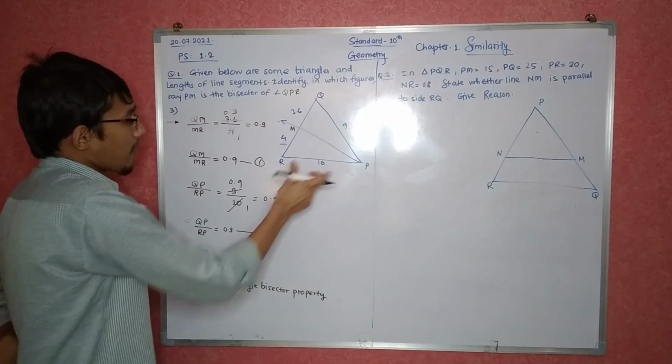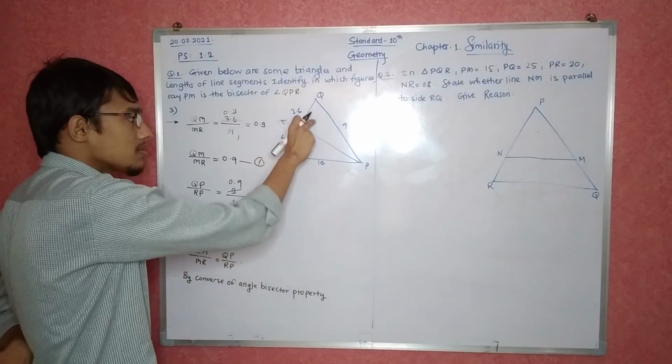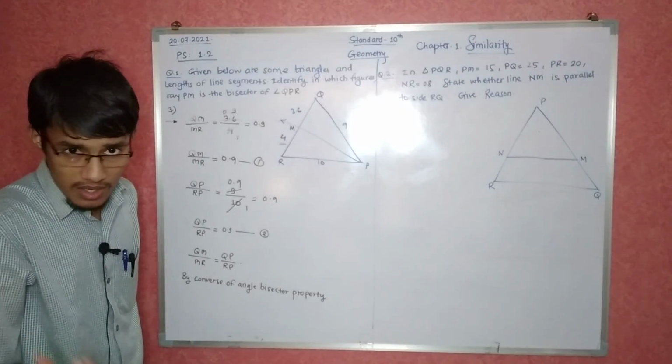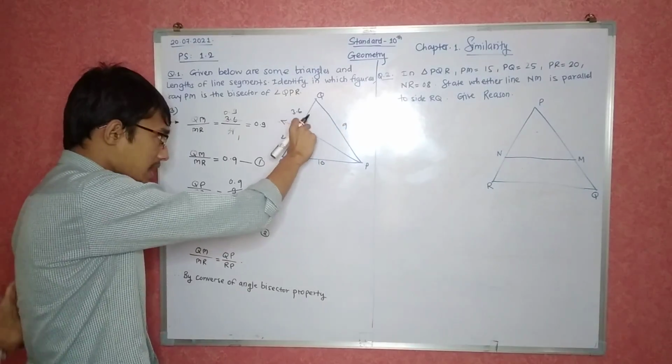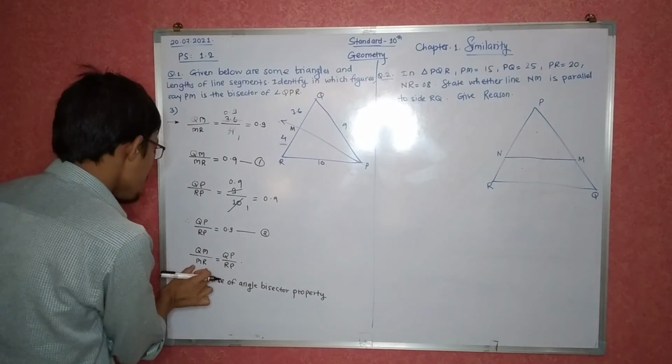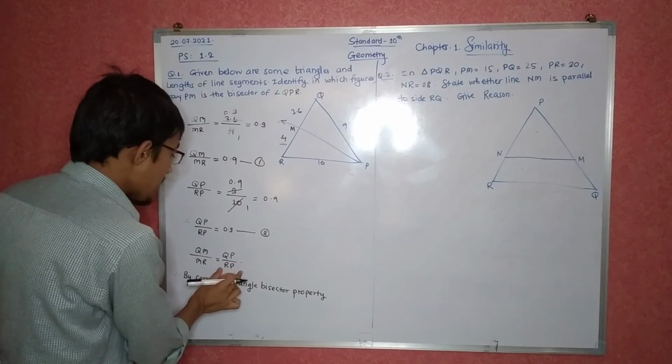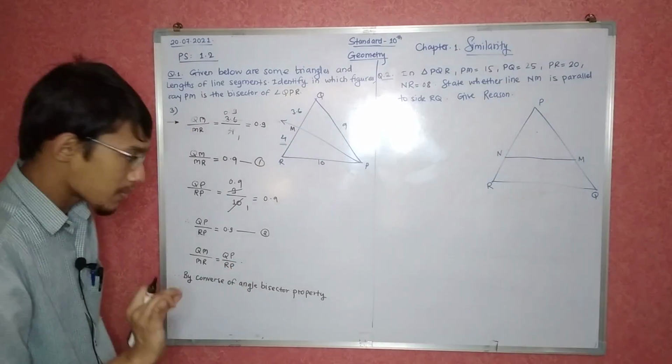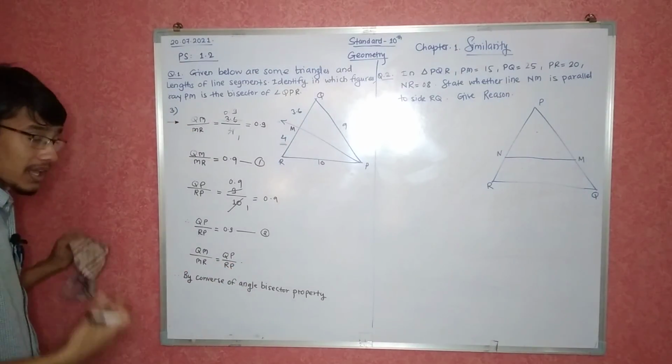If angle is bisected, the ratio of remaining side and the side divided is equal. Now we have got the ratio of the side divided and the ratio of remaining two sides equal. That means that the angle is bisected.